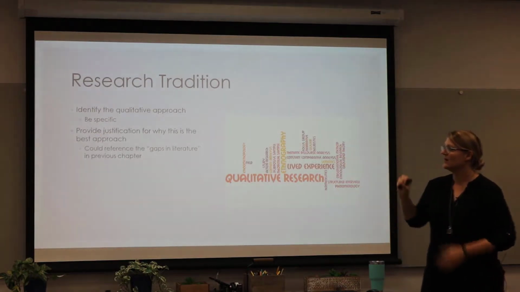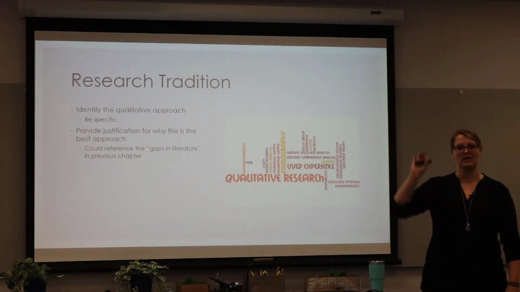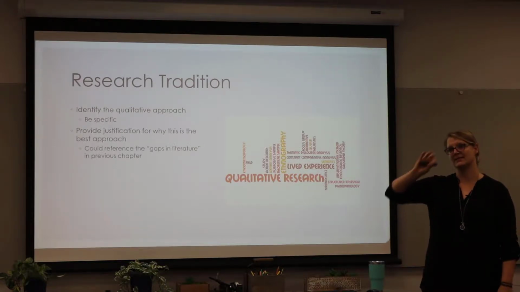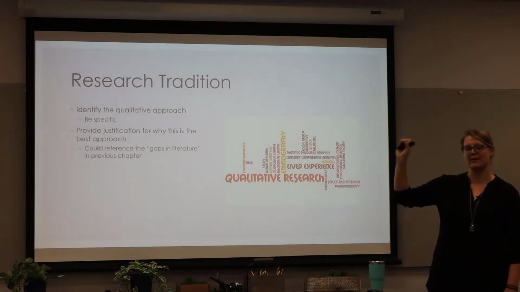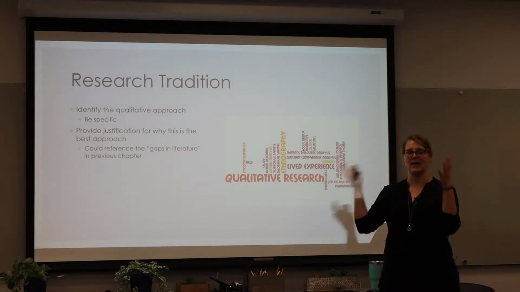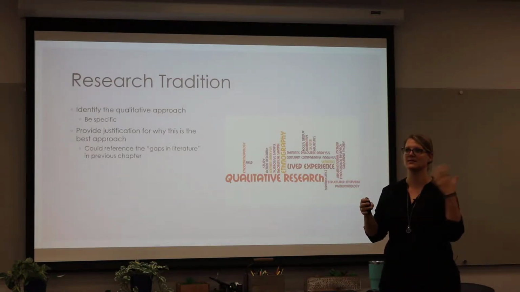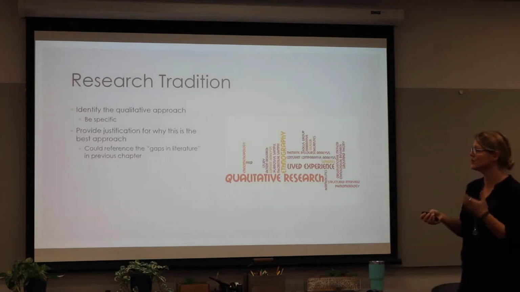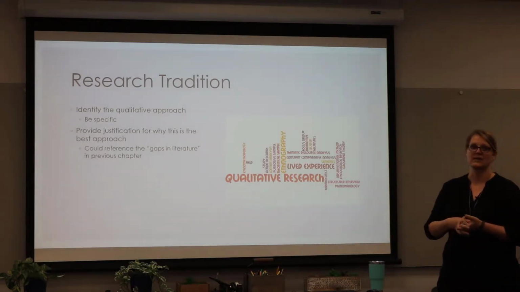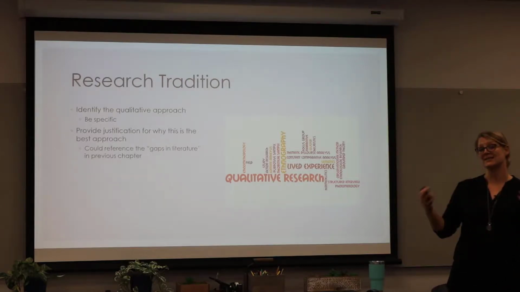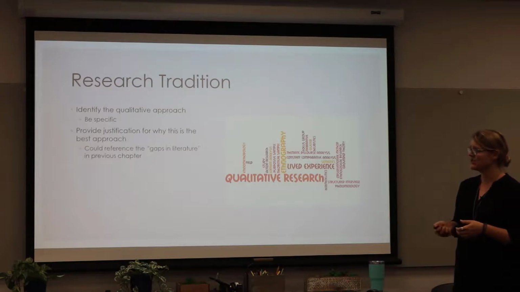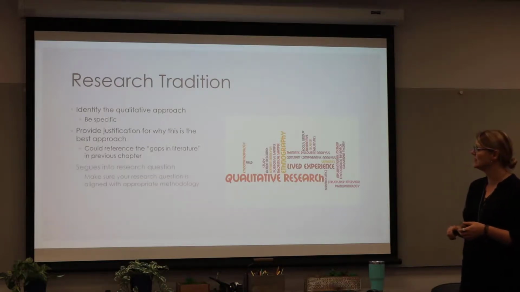And so here, this would be where you say, I chose grounded theory because this is the best methodology to describe this phenomenon, and state your reasons why that is. And sometimes that can be linked back to previous research where there hasn't been a grounded theory study to support claims, or there hasn't been a phenomenological study to support things. So that justification is really important.